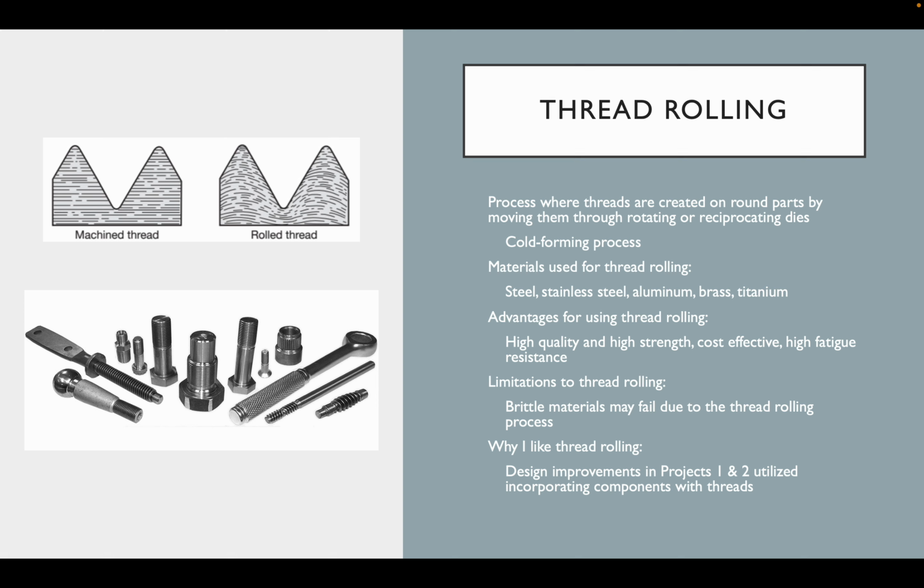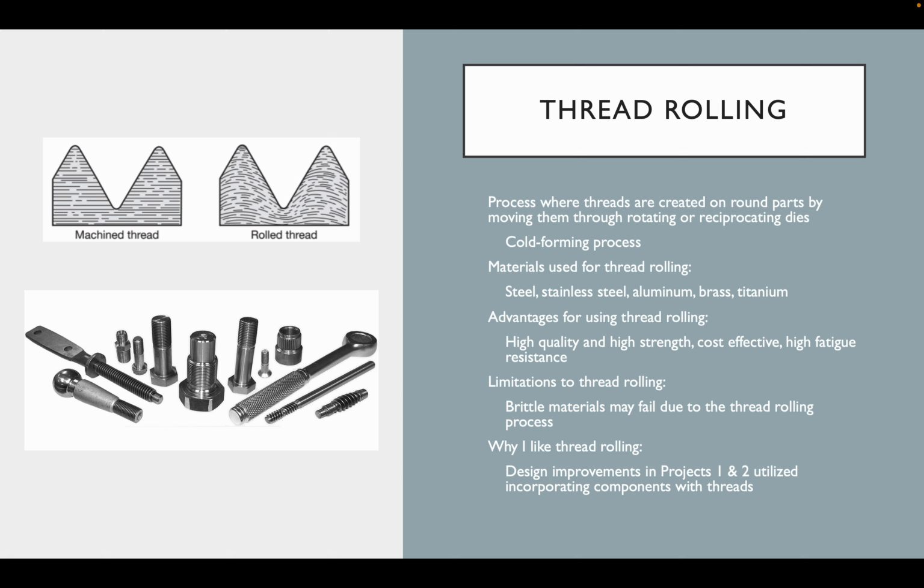A couple advantages for using thread rolling is that it has high quality and high strength. As you can see in this top image, when a material is machine threaded, the fibers of the material are not changed in any way, but when they're roll threaded, when the thread is rolled, the pores are relocated based on the manufacturing process, and so it creates a stronger finish for the product being created.